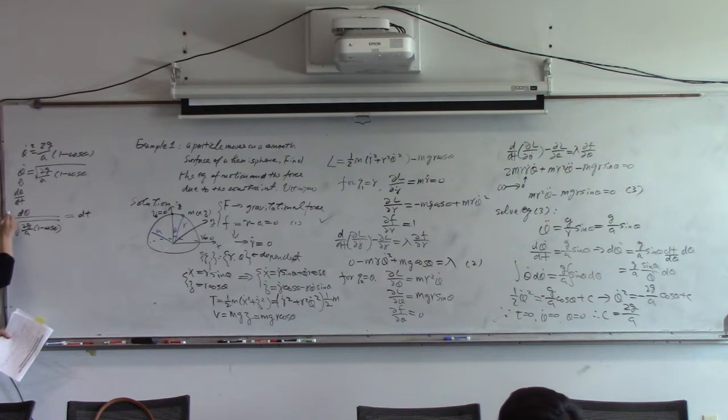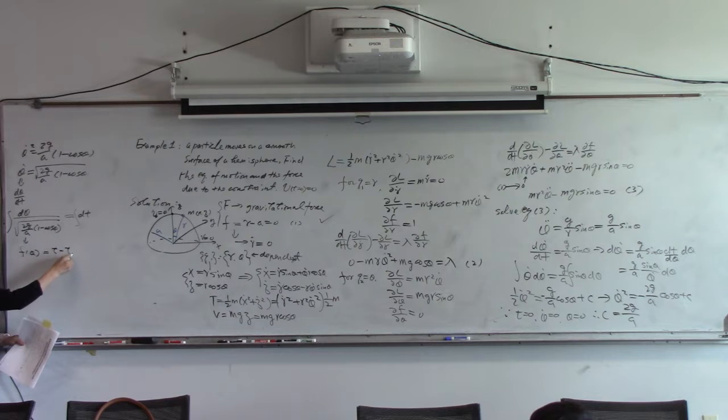Then you do the integral in principle. You do the integral, and here you will have some function of theta, and that equals t minus t naught. Then you are going to invert it.